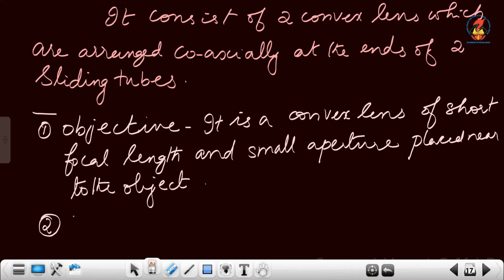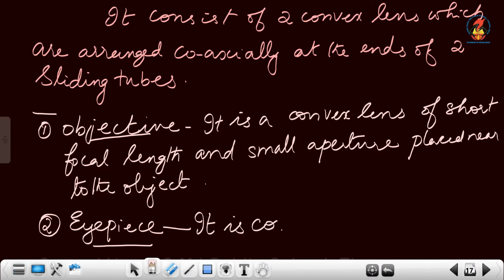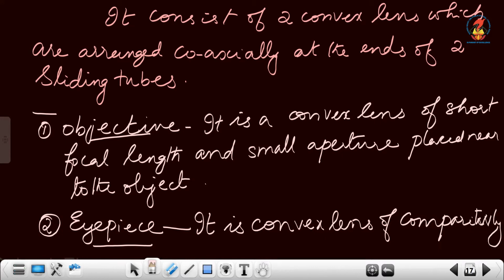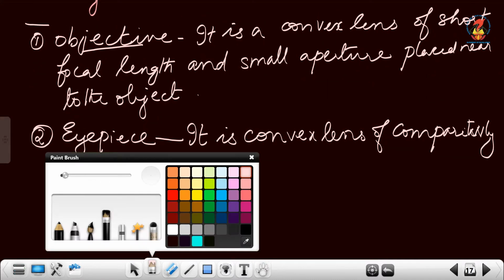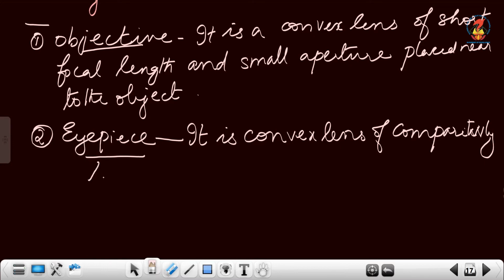Second one is known by the name eyepiece. Eyepiece means the one which is close to our eye, and it is also a convex lens of comparatively large focal length.